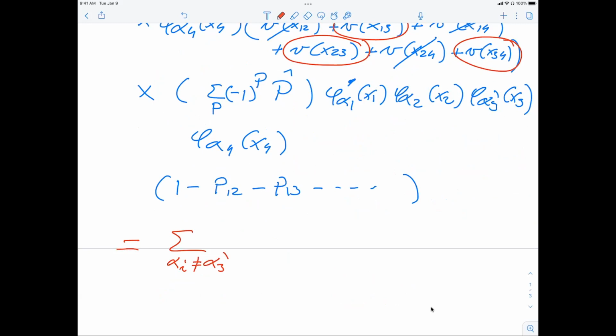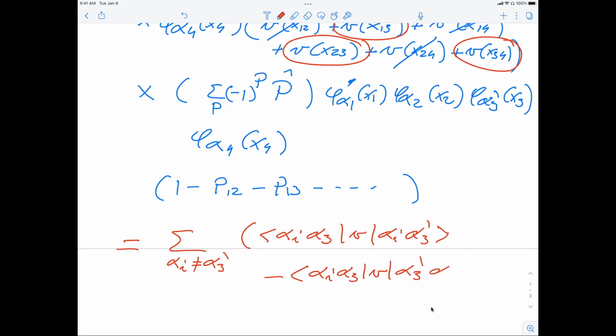So we're going to have matrix elements which look like alpha i alpha 3 of V of alpha i alpha 3 prime, and then the matrix elements which come due to the Pauli principle, which we call the exchange matrix elements, and that is going to be given by alpha i alpha 3 of V of alpha 3 prime alpha i, like this.